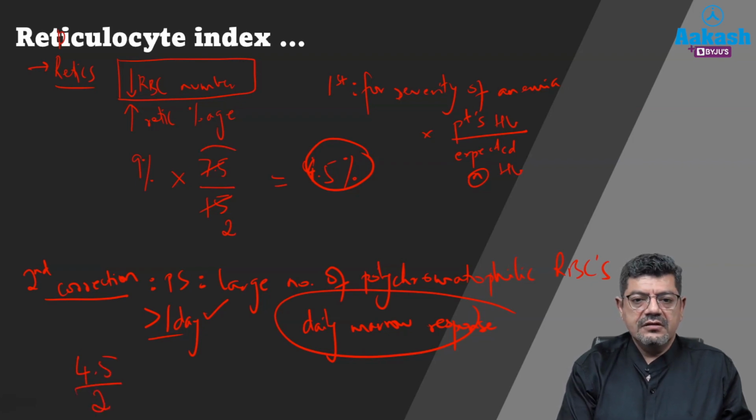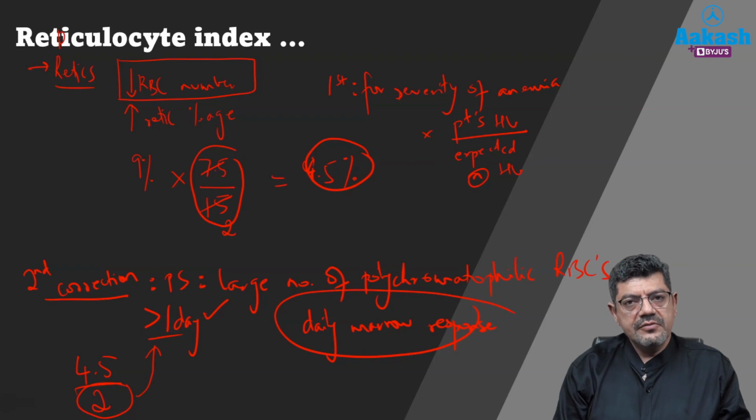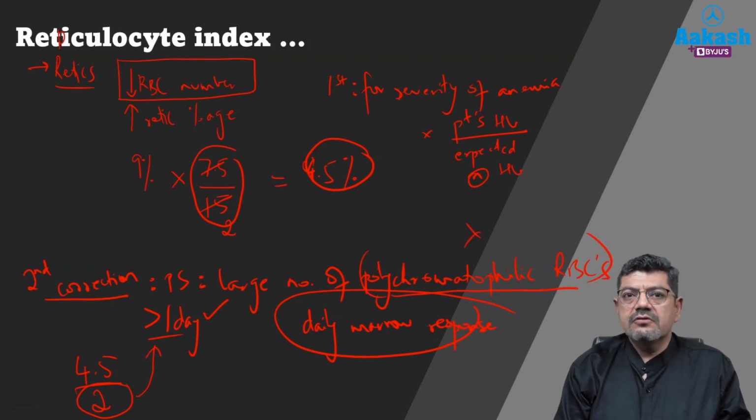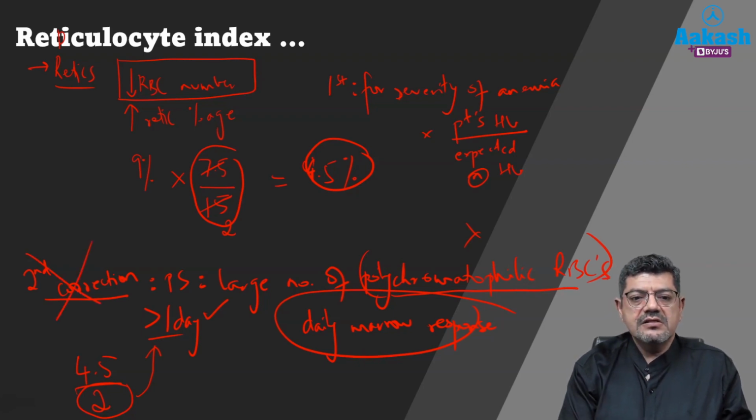The first correction for the severity of anemia, and the second correction for the longer persistence of prematurely released polychromatophilic RBCs in peripheral blood. If you don't see a large number of these cells on peripheral smear in an anemic patient when you're doing a reticulocyte index, this correction is not required. Okay, so but if they are seen, you divide the percentage by 2, and that gives you the reticulocyte index, right?